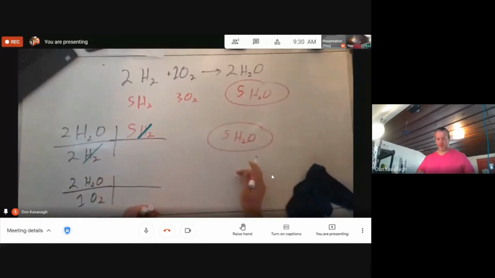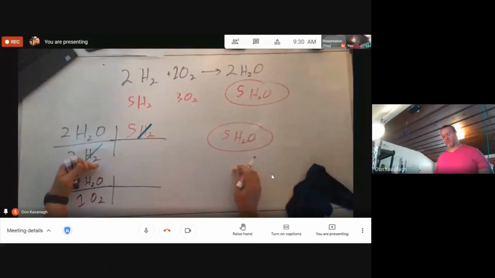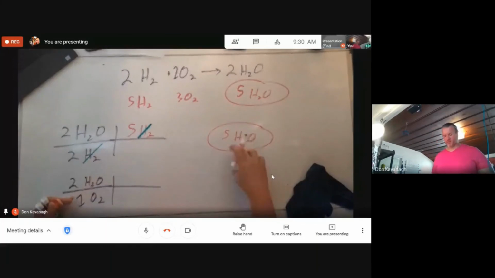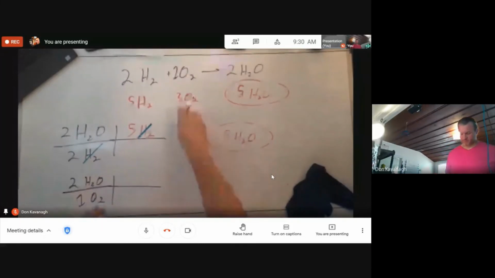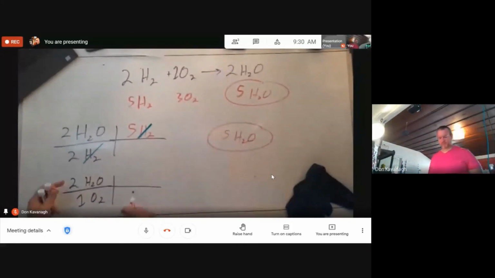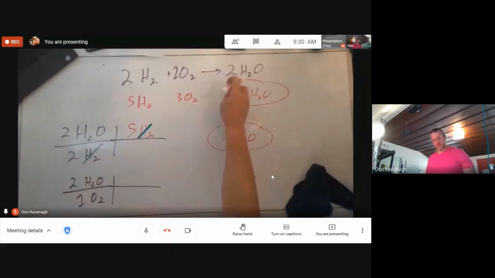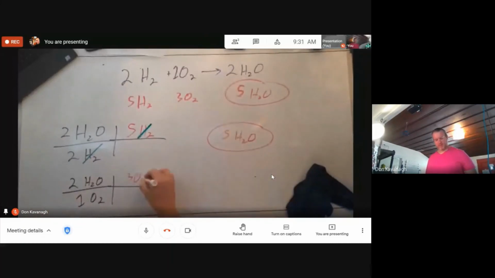For the O2s, we have our ratio from the balanced chemical reaction, a 2-to-1. And we did this reaction with 3 equivalents of O2. So 2 times 3 divided by 1 is 6 H2Os.